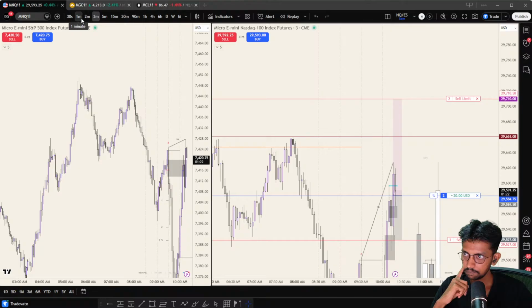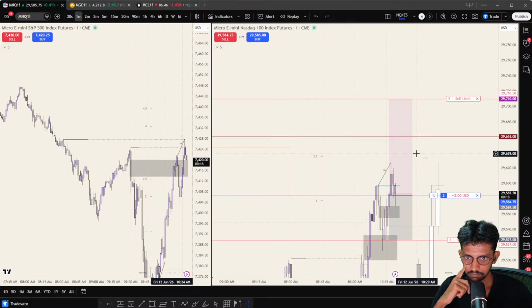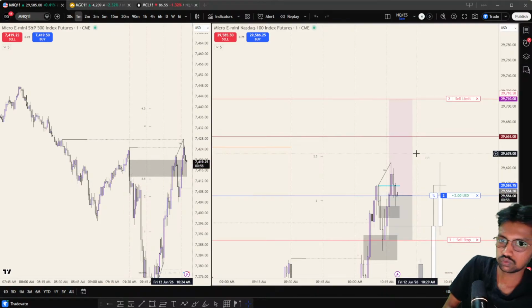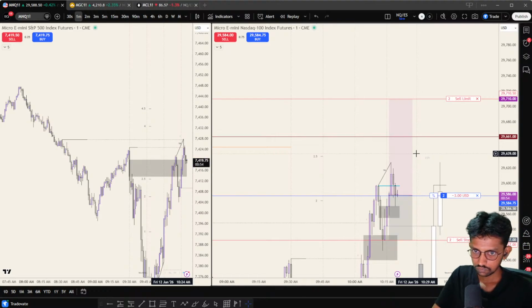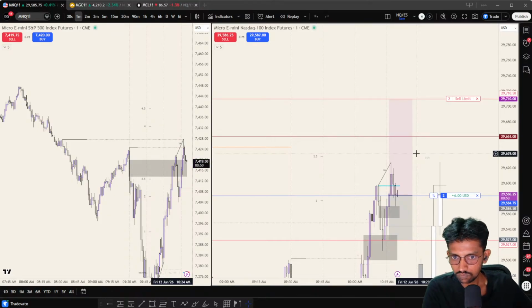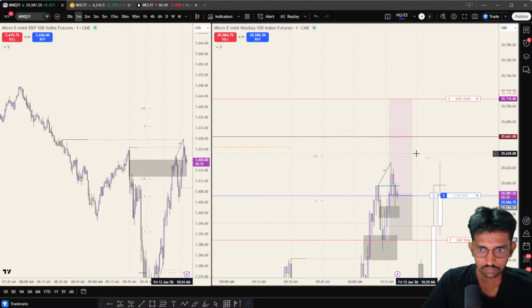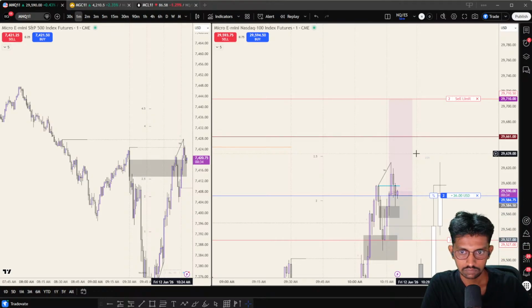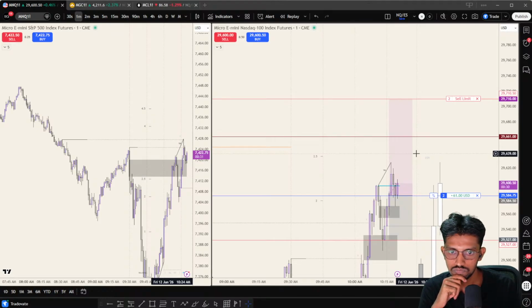Okay, we even got that 3 minute tap, 3 minute change in state of delivery tap. Let it run. We go break even on those equal highs up there at 661.